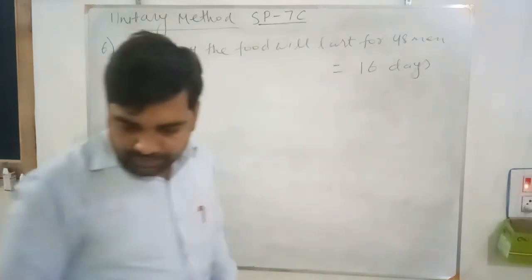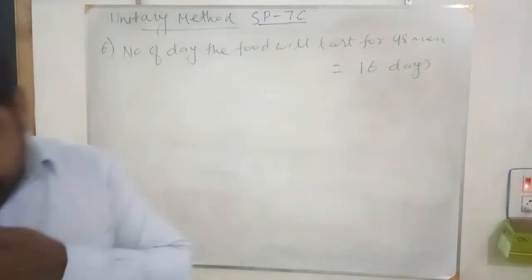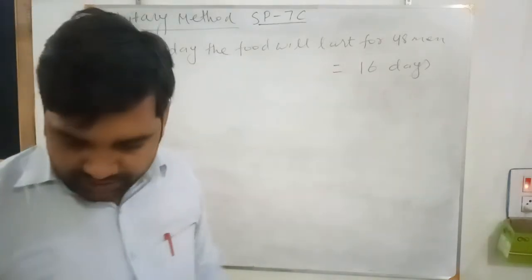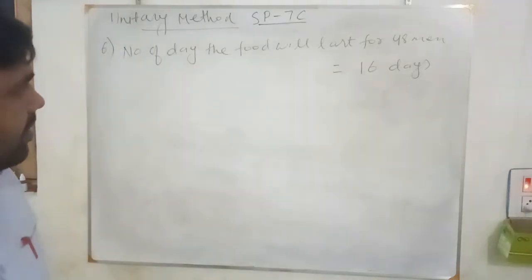How many days are given? 16 days. So the number of days the food will last for 48 men is 16 days.